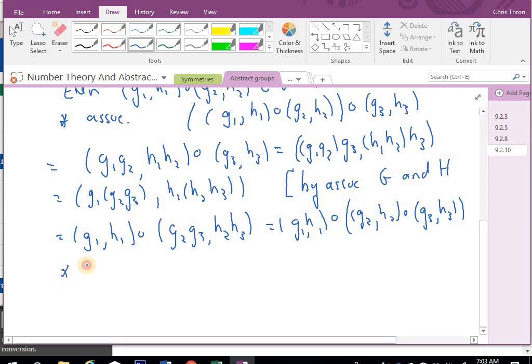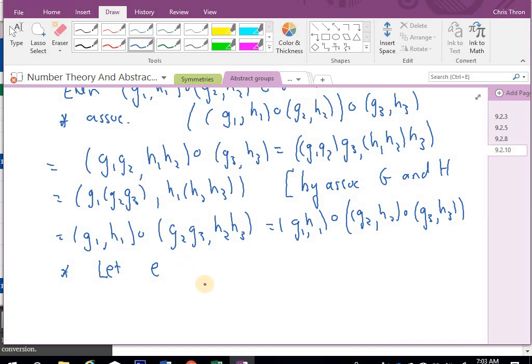All right, then identity should be very straightforward. Just exhibit an element such that the product gives you the original result. So you could say something like this: if you want some notation, you can say let e_G be the identity.